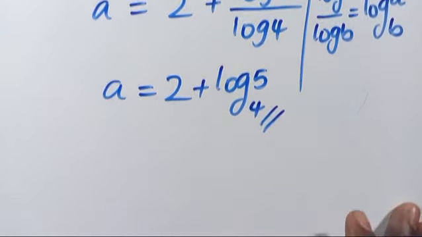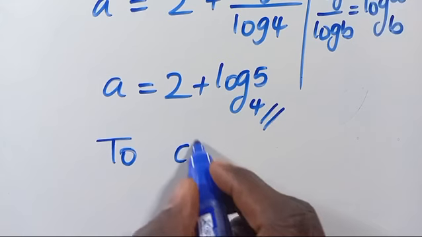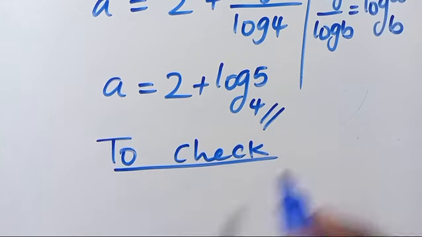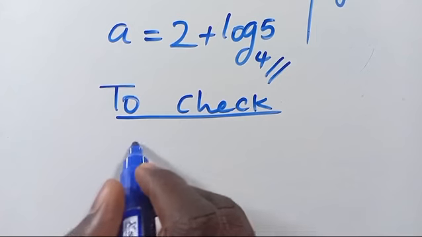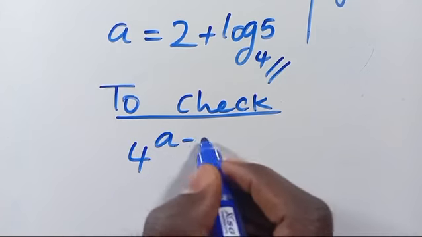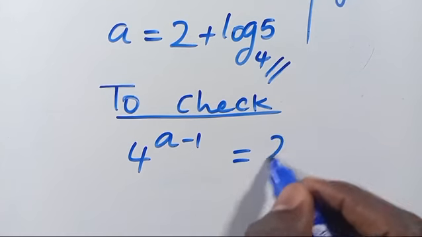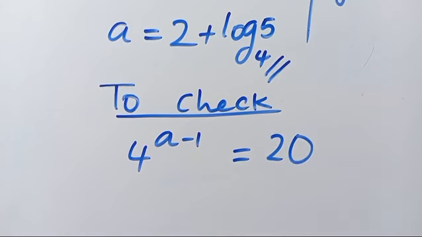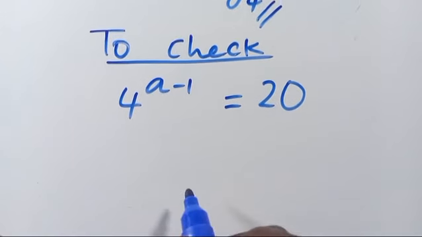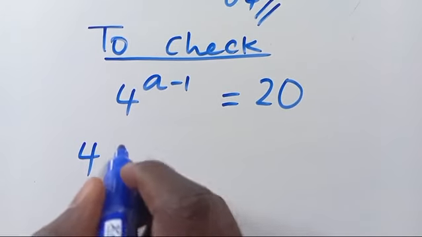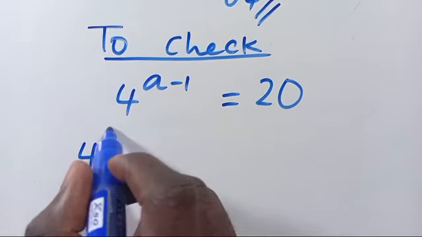Then let us now check. Recall that we have 4 to the power of a minus 1 equals 20. The value of a equals this. So we are going to have 4 to the power of, a is 2 plus log 5 in base 4, then minus 1, going to give us 20.